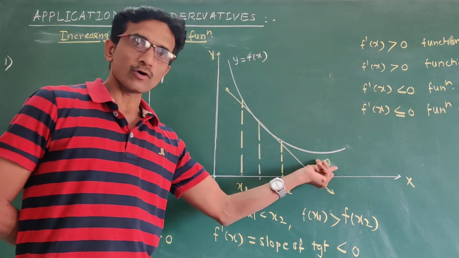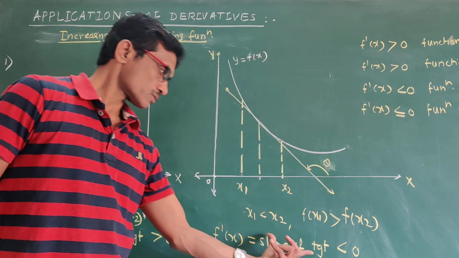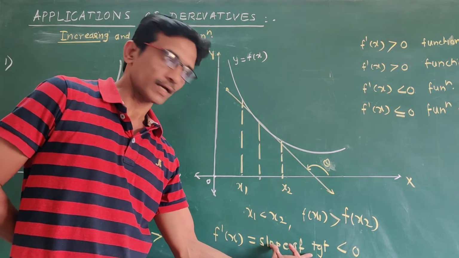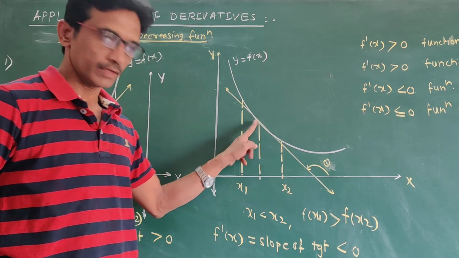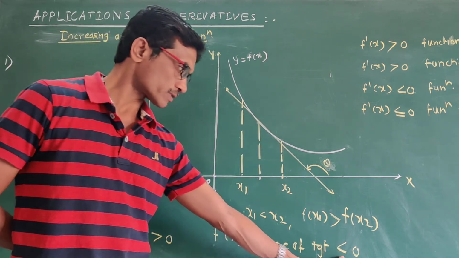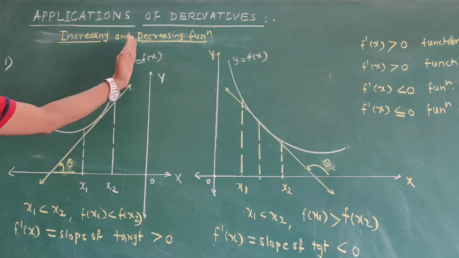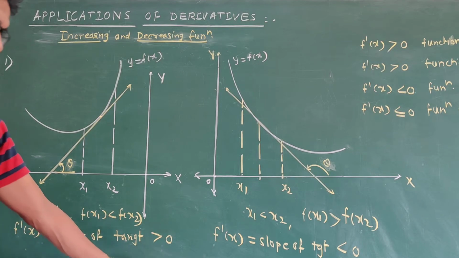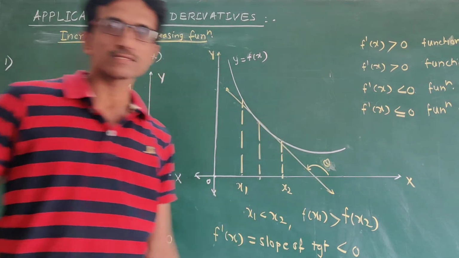So tan of this obtuse angle will be negative. That means the slope of the tangent is tan theta, which is negative. But the slope of the tangent is nothing but the derivative f dash of x. So f dash of x will become negative. Earlier, f dash of x becomes positive. So when the function is increasing, f dash of x is greater than 0. When the function is decreasing, f dash of x is less than 0.